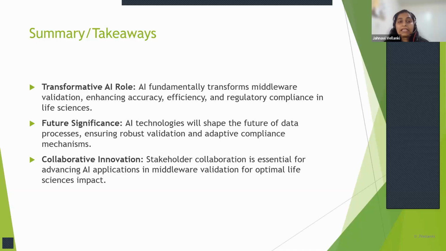The AI can be transformative with showing the enhanced accuracy, efficiency, and regulatory compliance. However, there can be a severe challenge when we are talking about compatibility with the current industry applications we have.